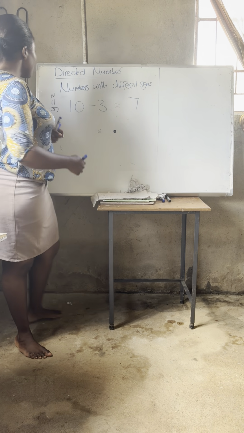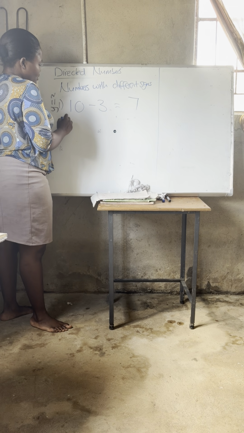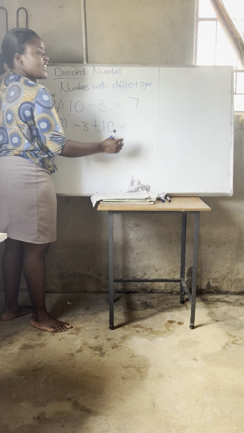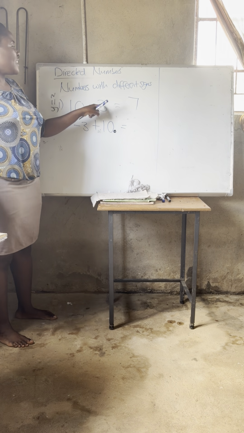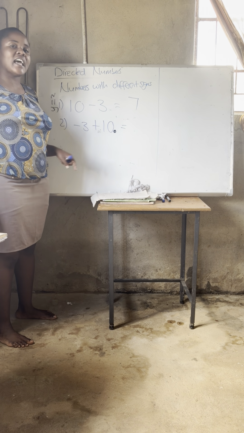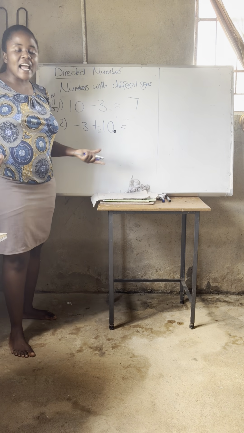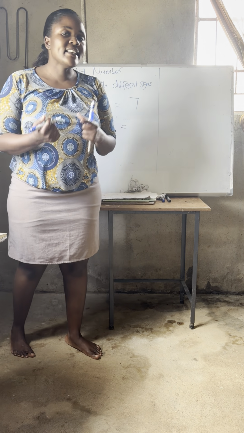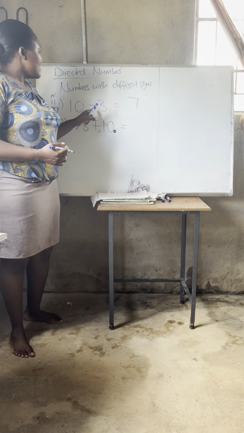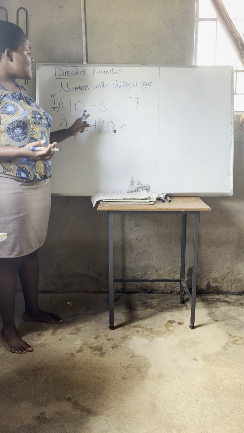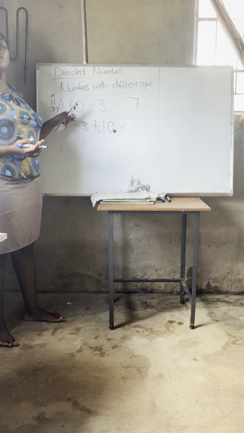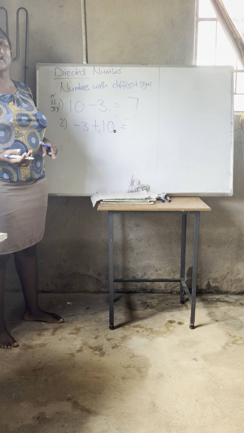Now if you are given number 2, -3 plus 10, nothing has changed. 3 is negative, 10 is positive. The order doesn't matter. What is important is their sign.